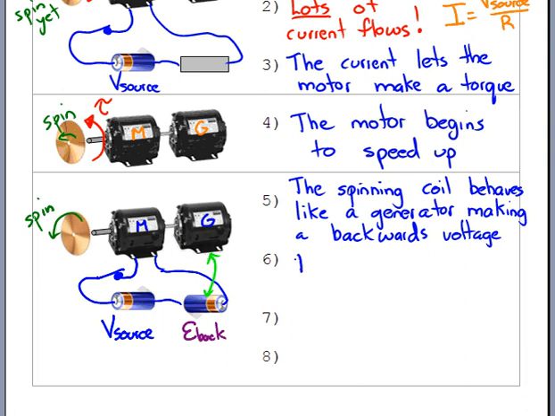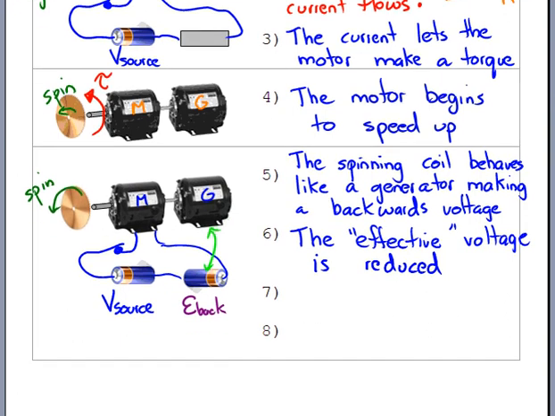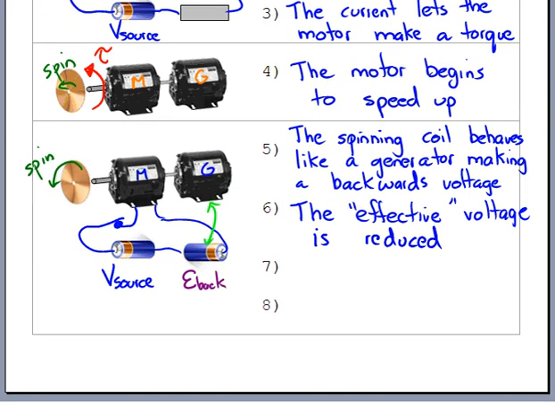So I like to say this, kind of my own little Mr. Gowe phrase here. I like to talk about the effective voltage. So that's how much we have left over. The effective voltage is reduced. So you're now going to have less current.